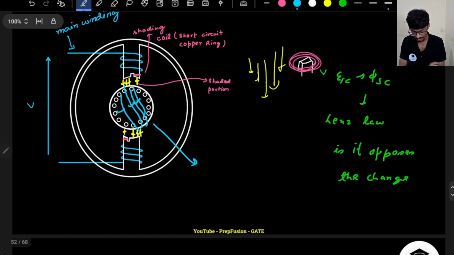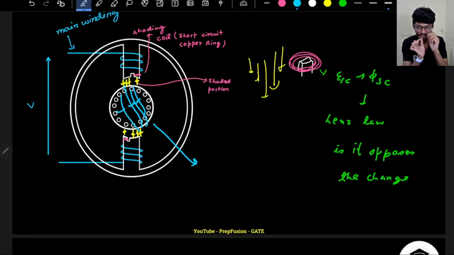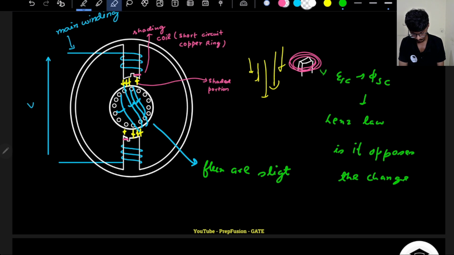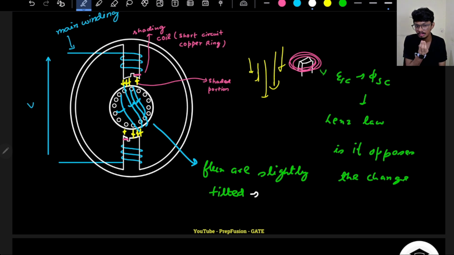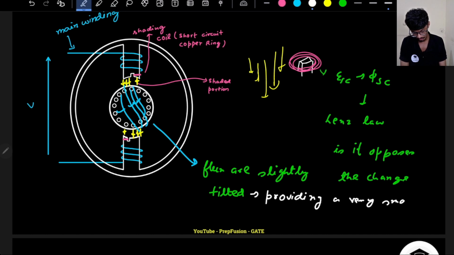It's just like I am slightly rotating them; the flux lines are slightly tilted. So if flux lines are slightly tilted, that means I am providing a very small starting torque.